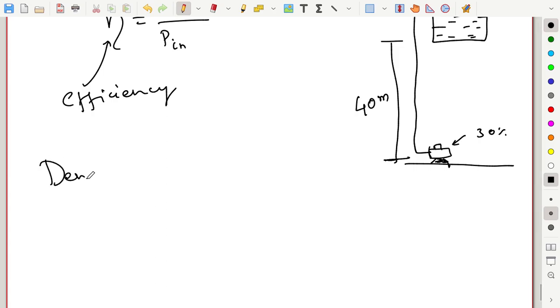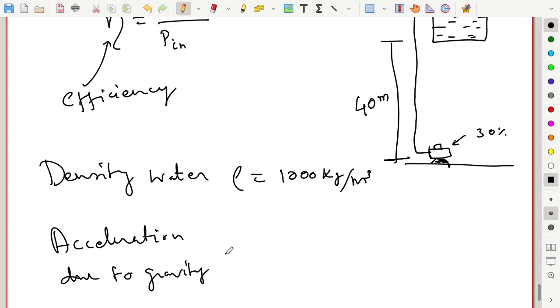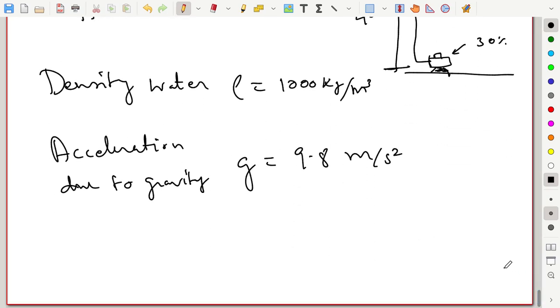We take the density of water as rho equal to 1000 kg per meter cube, and the acceleration due to gravity g as 9.8 meters per second square. These are not explicitly given in the problem, so these are the values we are going to take.